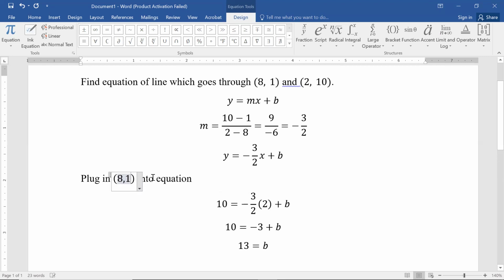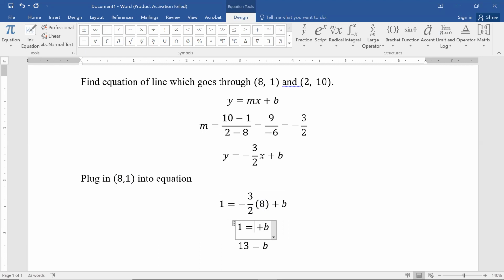Now, you could have also plugged in (8, 1) as well. The solving would have been a little bit different. I would have had 1 is equal to -3/2 times 8 plus b.